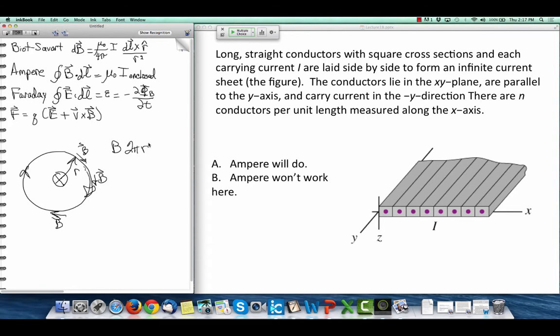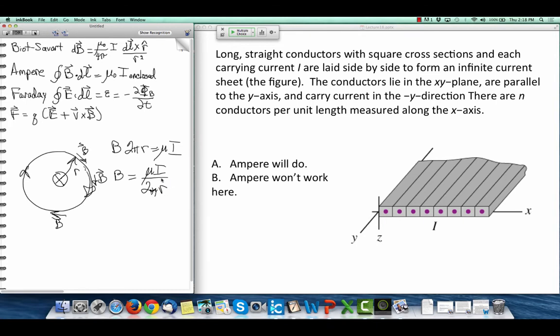When you do the integral, B is a constant, and the integration of dl around a loop is just the length of the loop, so 2 pi r, and that's mu 0 I, and that tells you what B is as a function of r.